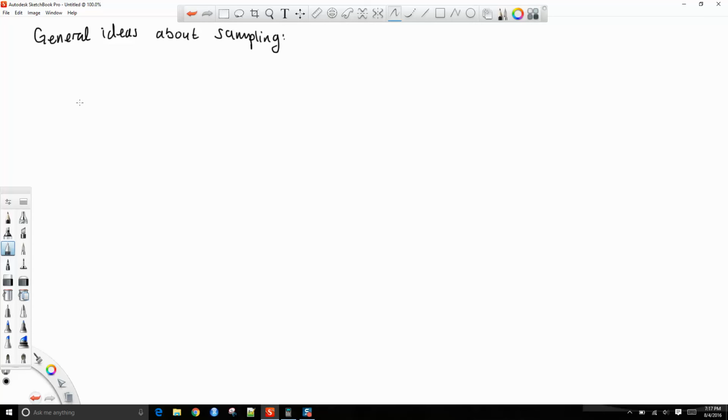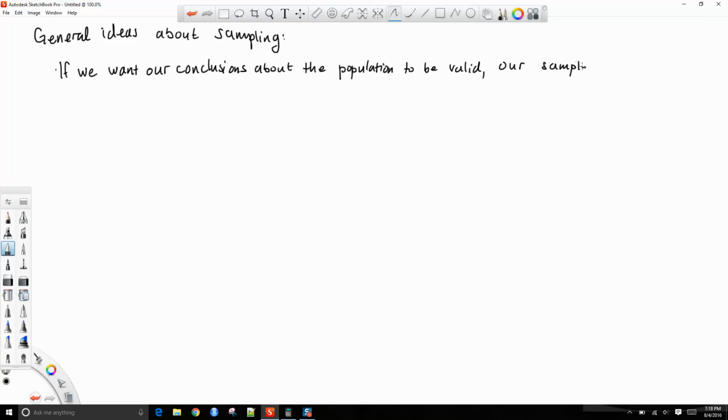Okay, and so if we want our conclusions about the population to be valid, our sample needs to be representative of the population.